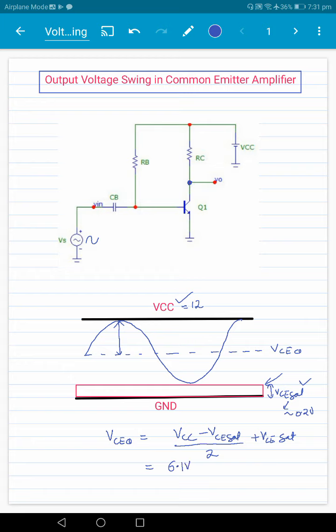According to this argument, you should design the bias in such a way that VCQ is in the middle, at about 6.1 volt.